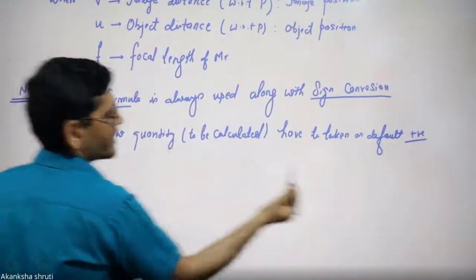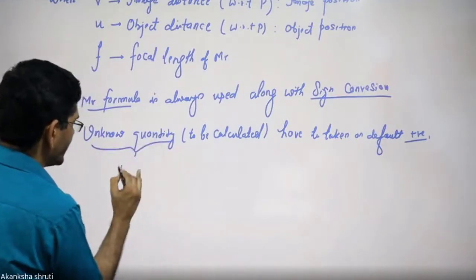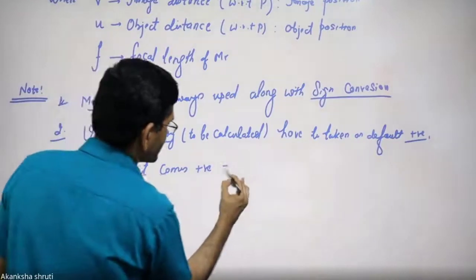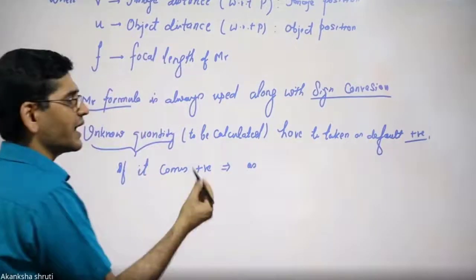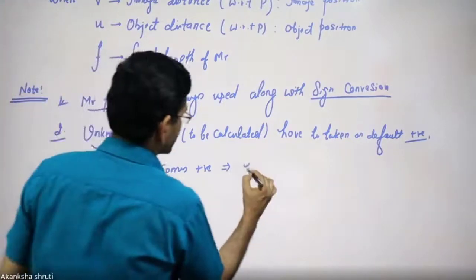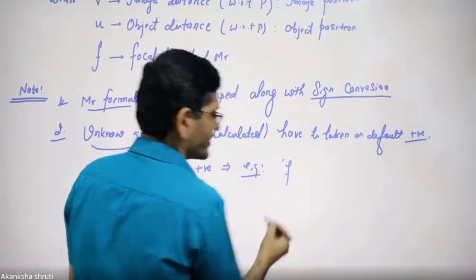Then write here: if this quantity on calculation comes positive, this implies... understand this with an example. Say f we have calculated, f is the unknown.